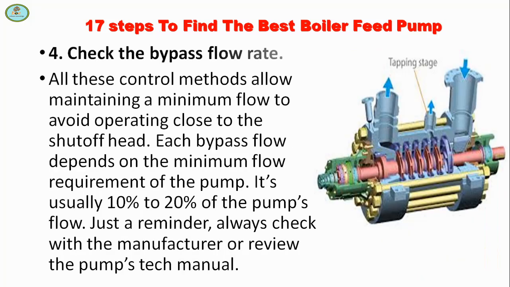All these control methods allow maintaining a minimum flow to avoid operating close to the shutoff head. Each bypass flow depends on the minimum flow requirement of the pump. It's usually 10 to 20% of the pump's flow. Just a reminder, always check with the manufacturer or review the pump technical manual.